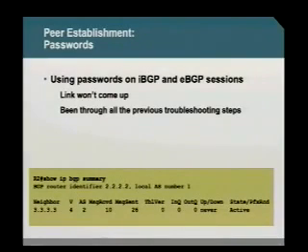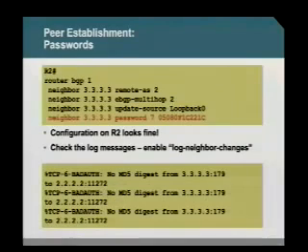Next one, passwords. You can have lots and lots of fun with passwords on BGP sessions. I mean, not to mention software interoperability issues, but actually trying to bring iBGP and eBGP connections up simply by using passwords on the sessions. So we've been through all the previous troubleshooting steps. We still can't get the session up. We've really no idea what's going on.